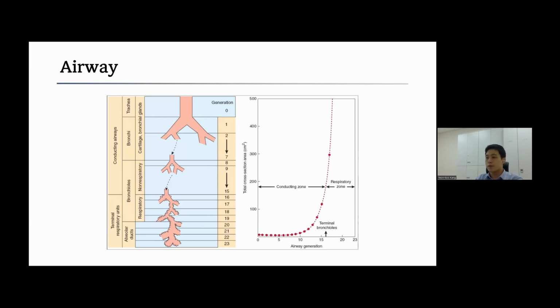Usually after 7th generation, airway becomes the bronchiole, which does not have cartilages, and reaches alveolar ducts at about 20th generations. The sum of total cross-section area of the airway increases exponentially along the division, and the airway of respiratory zone can have a cross-section area large enough for air exchange.